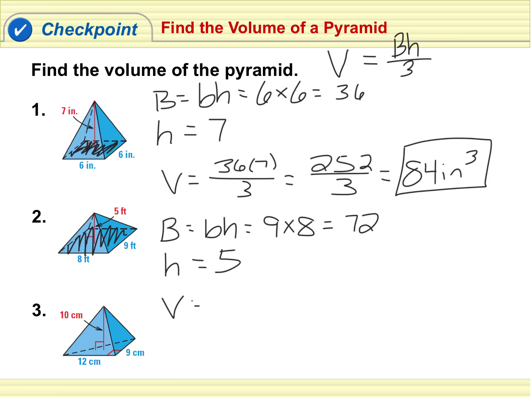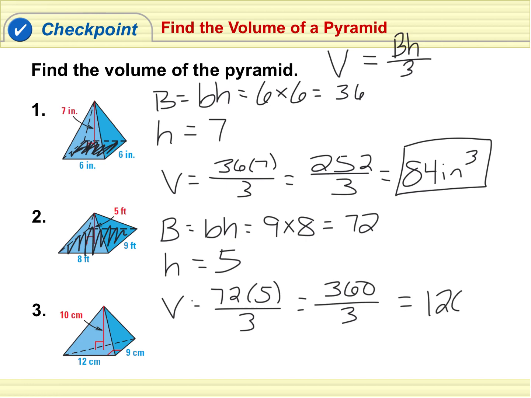Now we find the volume. 72 times 5 divided by 3. What's 72 times 5? 360. 360 divided by 3 is 120 what? Feet cubed. Okay.